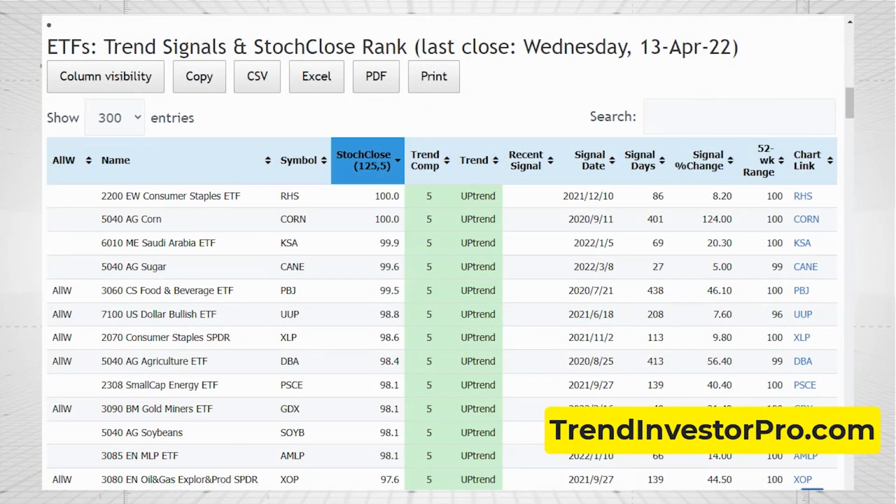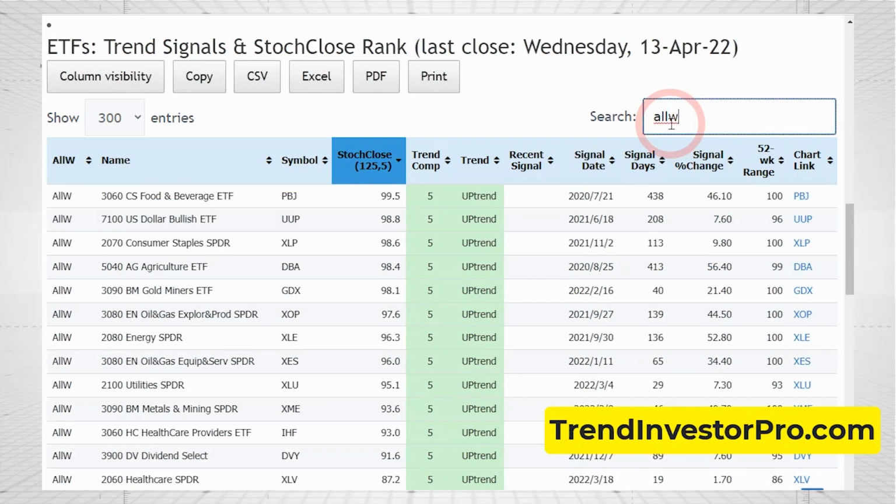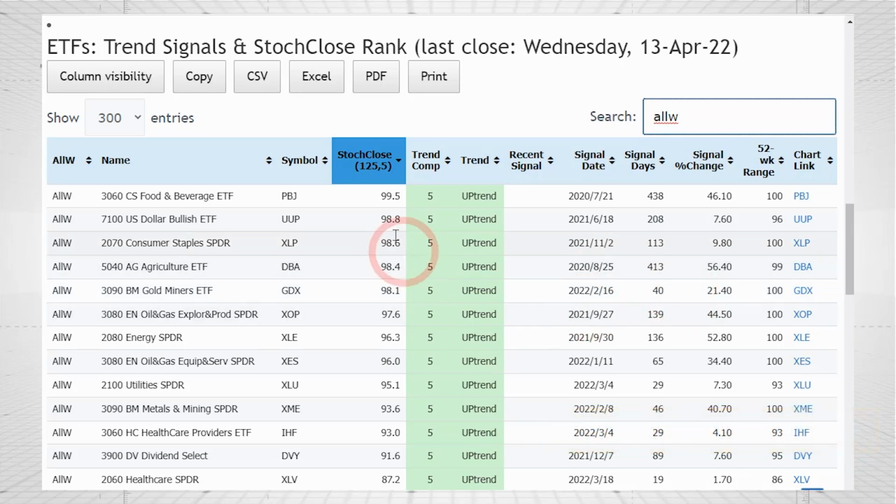So we can find those stronger uptrends by narrowing the master list. Here at Trend Investor Pro, I've got an all-weather list that has just 50 ETFs. And it really narrows down the list and removes all the duplicates out there. And so this is ranked by the Stoke Close Value, which is my performance ranking measure.